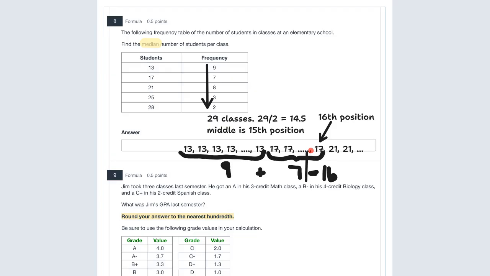So that means right here, which happens to be another 17, is in the 15th position. Let's make this an arrow. So that guy right there is in the 15th position.